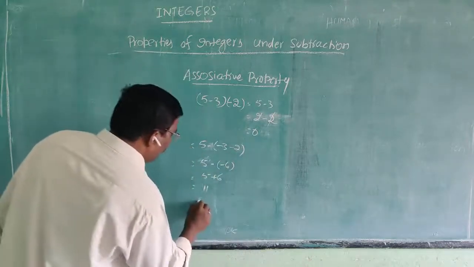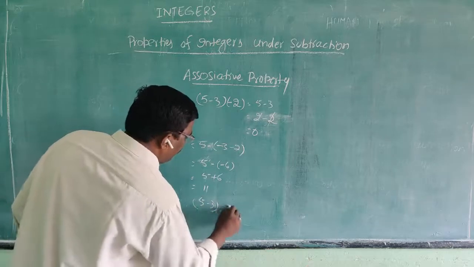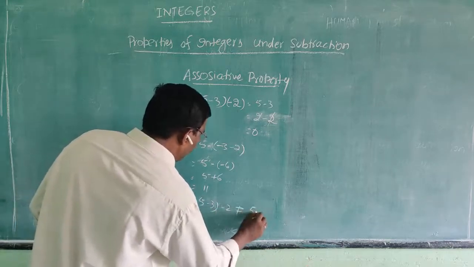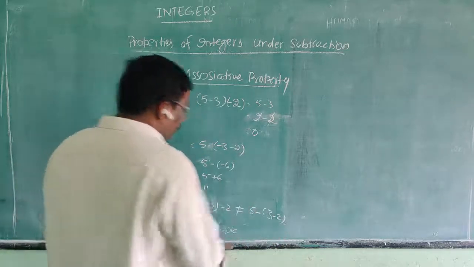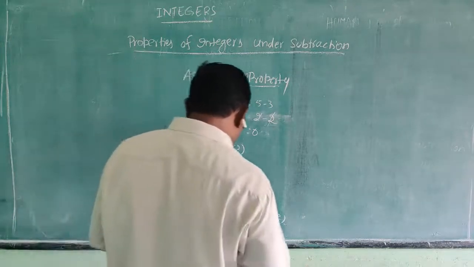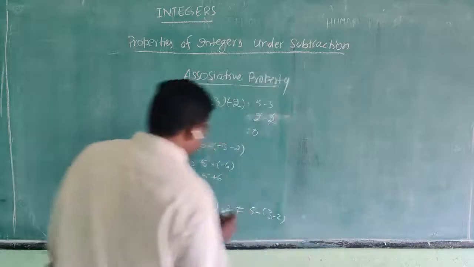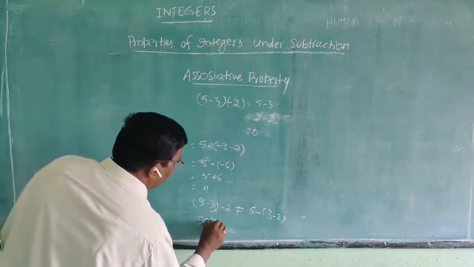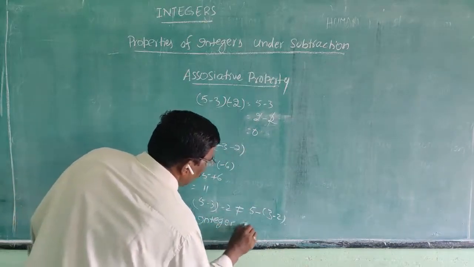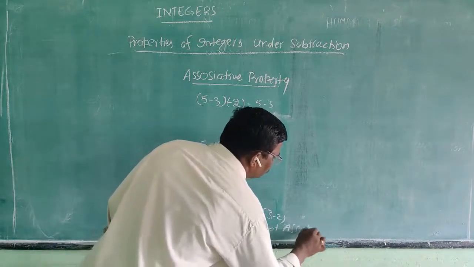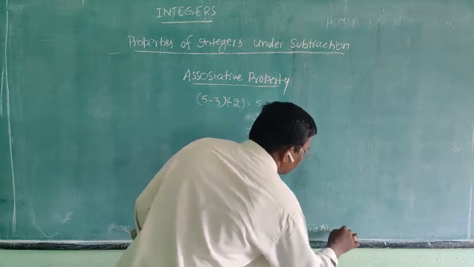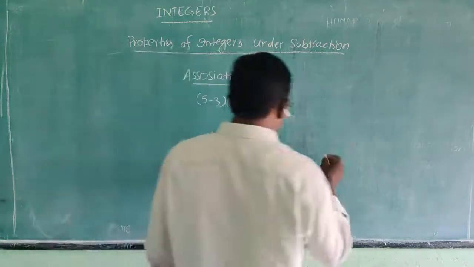So 5 minus 3 minus 2 grouped one way is not equal to 5 minus 3 minus 2 grouped the other way. Integers are not associative under subtraction.